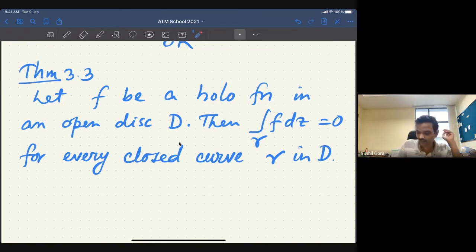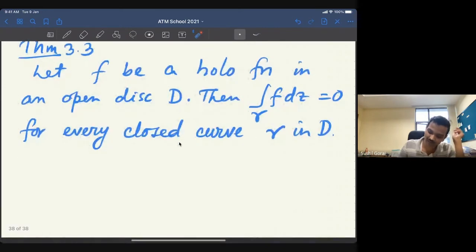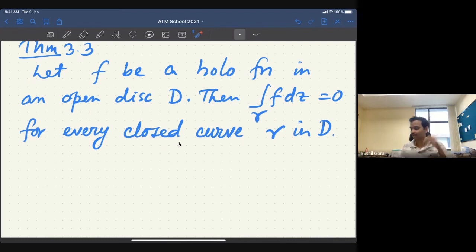Previously gamma was just the boundary of the rectangles. Now here it says that in any closed curve it works. So when there is a statement like this, for any closed curve the integral is 0, you need a primitive. That is how to start.